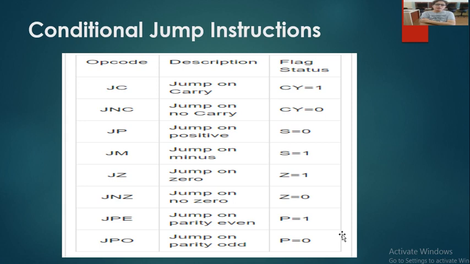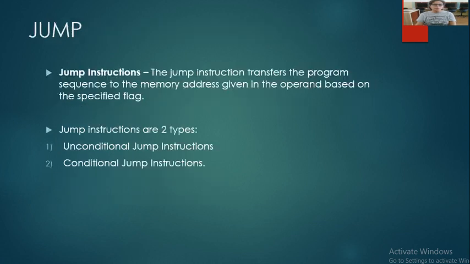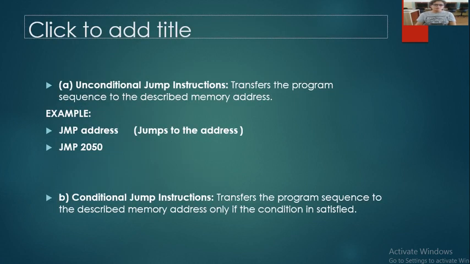You must know the meaning of these keywords and instructions. So that was all about the jump instruction. We were on the fourth group of instructions, branching instructions, and we have done the first group, the jump group.